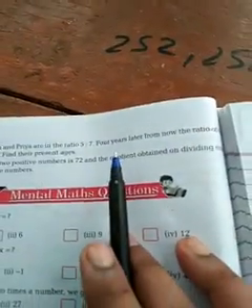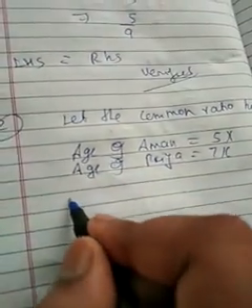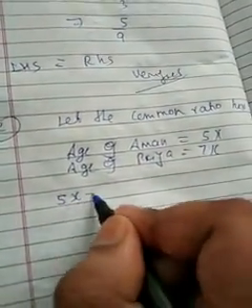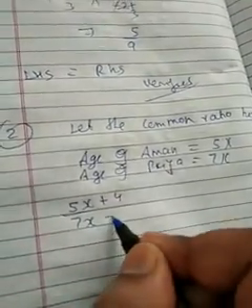Now in the question it is given 4 years later from now. It means after 4 years the age of Aman will become 5x plus 4 and the age of Priya will become 7x plus 4. This will equal the ratio of 3:4.